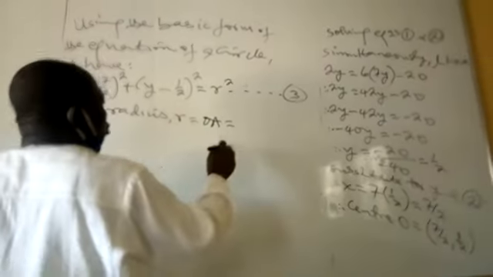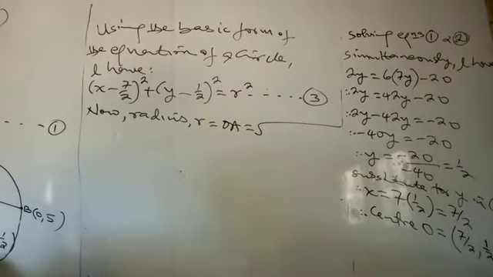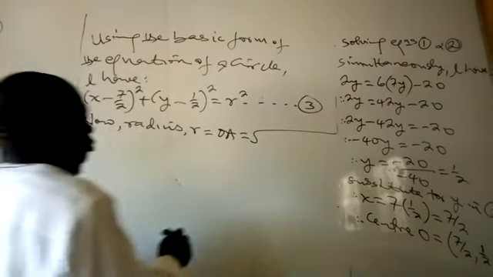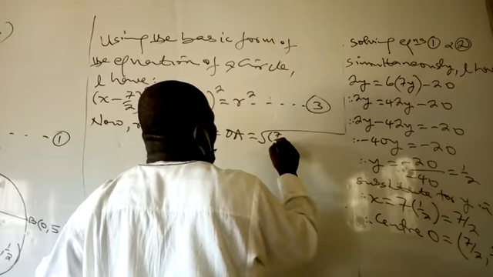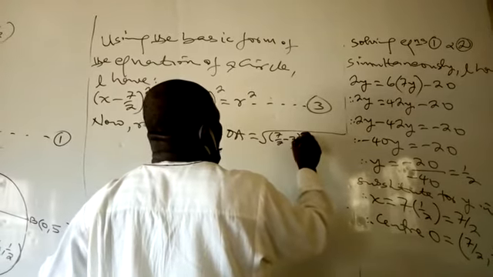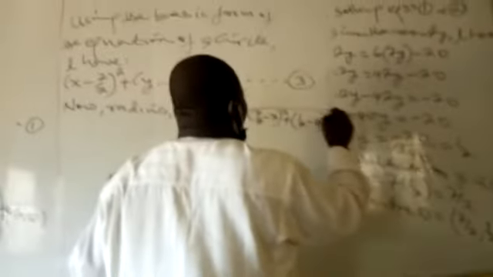Using the distance formula, that would be the root of 7 over 2 minus 3, all square, plus half minus 4, all square.